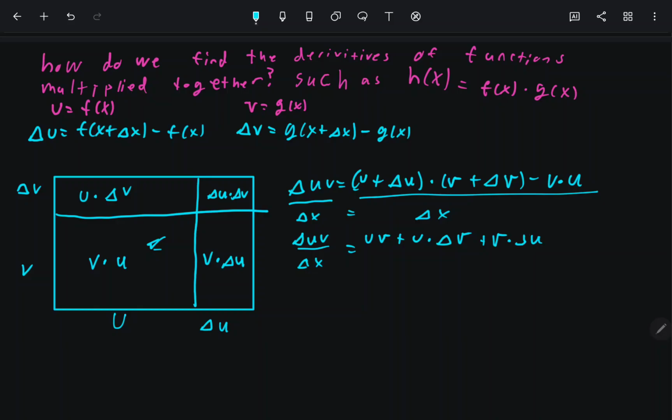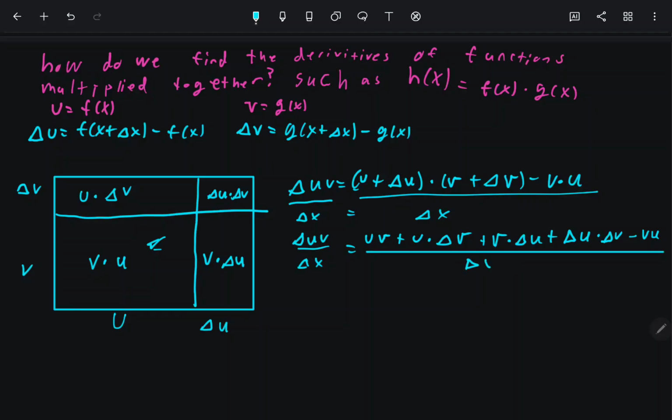And then finally, plus our change in u times the change in v, minus vu, all over our change in x.